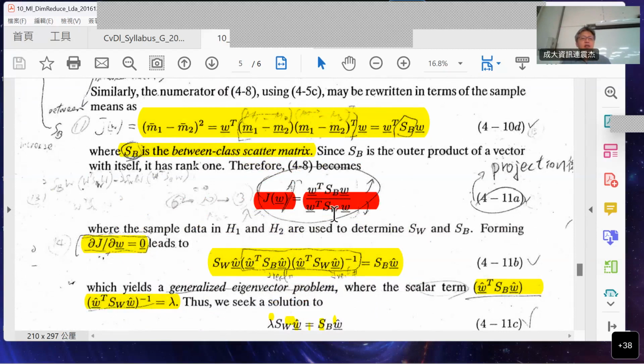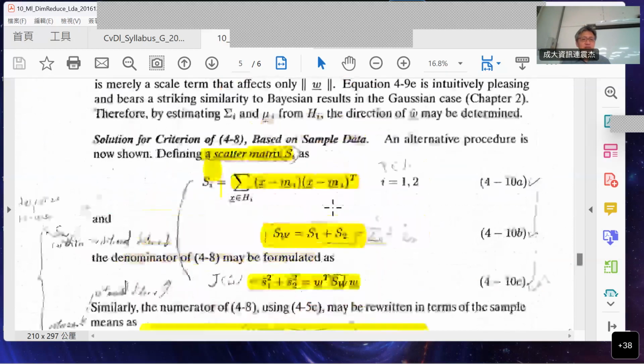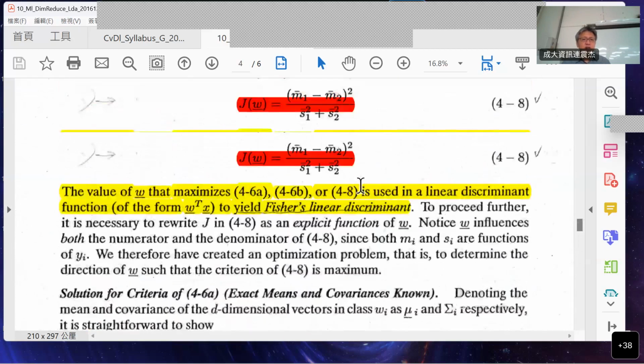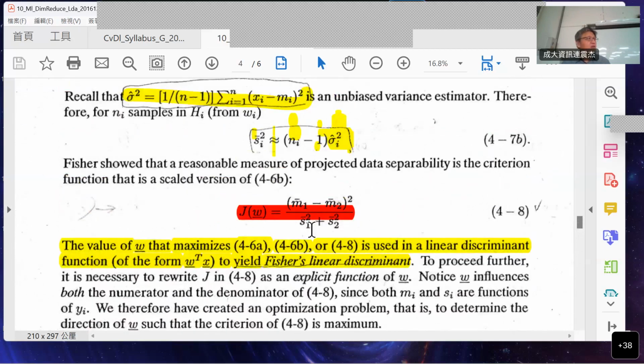Okay. And what's the denominator term? This term is here. Because we're back to here. Because this term is a standard deviation squared. S is standard deviation squared. Okay.